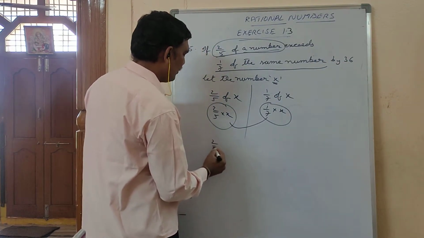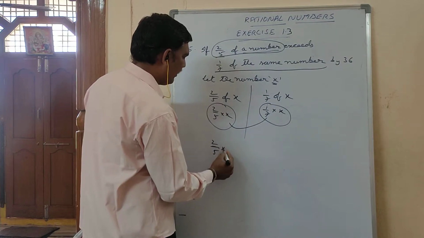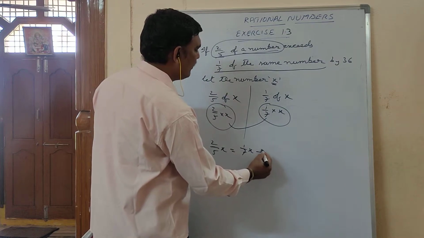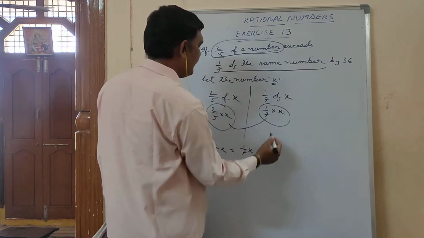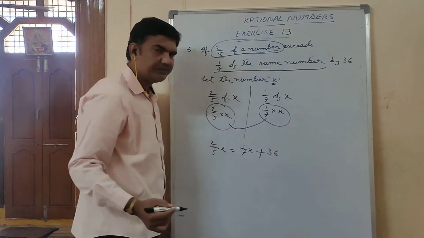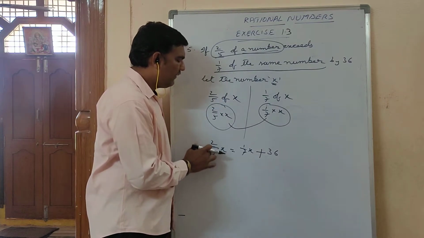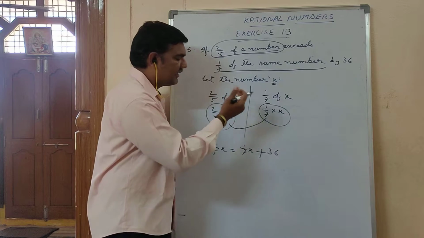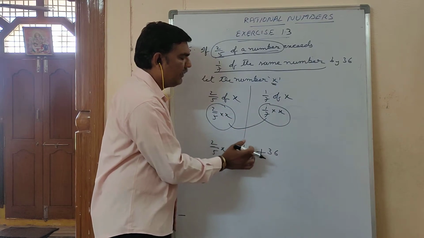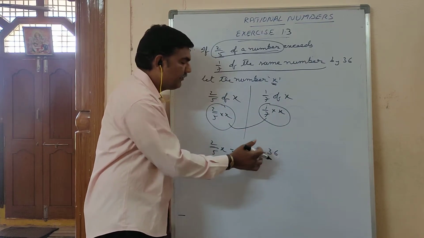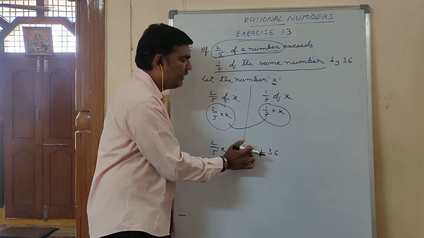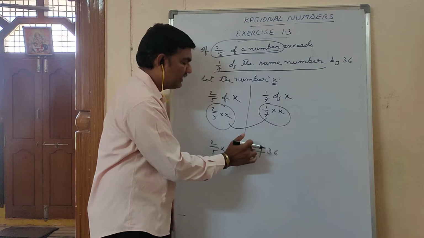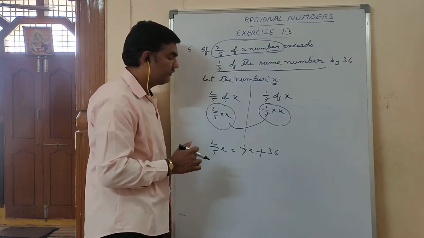It means to get 2 by 5 of x, 1 by 7 of x should be added to 36. 2 by 5 of x exceeds 1 by 7th of a number by 36. Means if you add 36 to 1 by 7 of a number, you will get this.